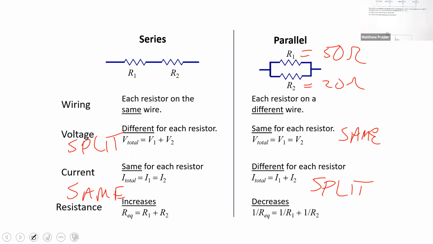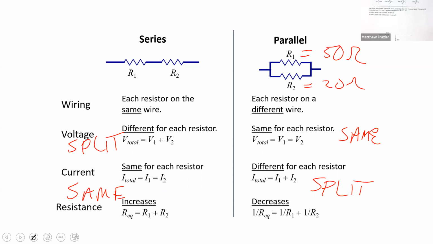So when you calculate this, you would get 14 and a bit, 14.3. But that's certainly lower than 20.